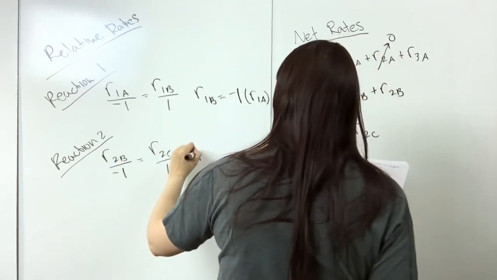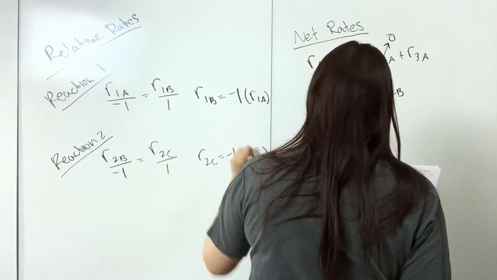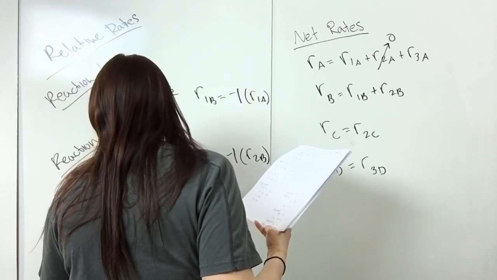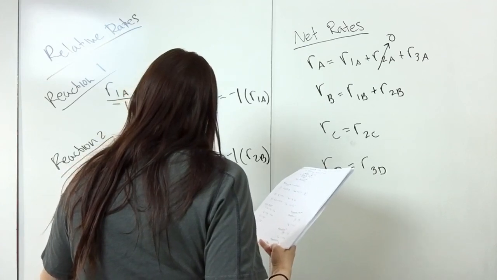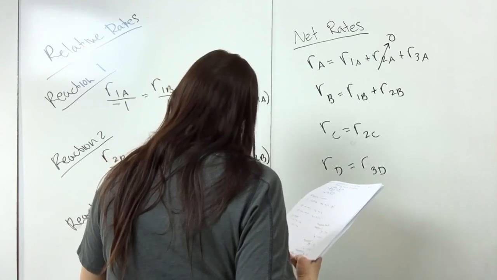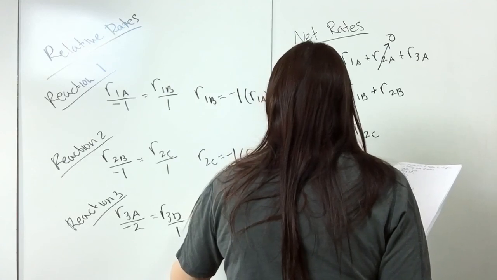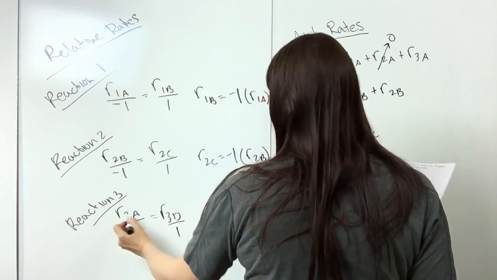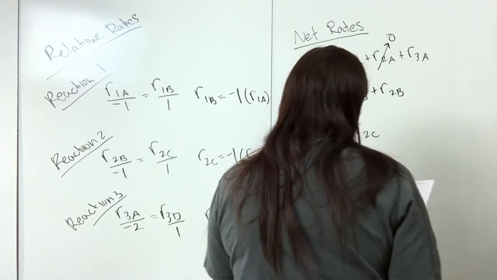So then R2C is equal to minus 1 multiplied by R2B. And then for reaction 3, you have R3A over minus 2 is equal to R3D over 1. So then R3D is equal to minus 1/2, because we just multiply the 1 over, R3A.